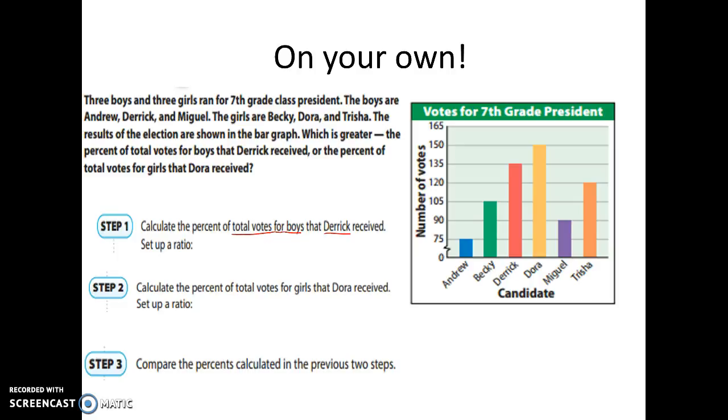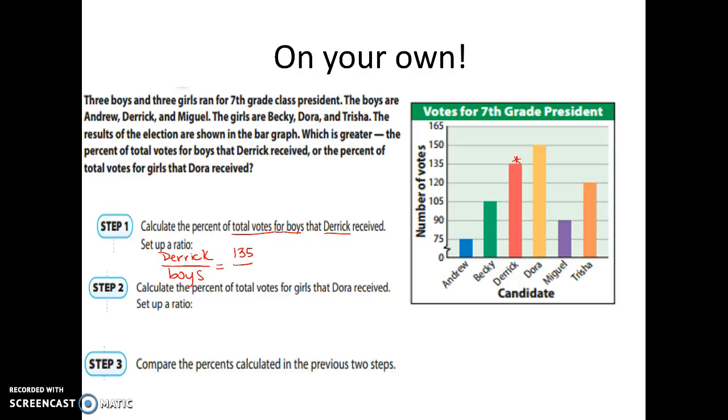So first let's set up a ratio, and this is a part to part because we're not looking at all of the votes cast, we're just looking at Derek over all of the boys.